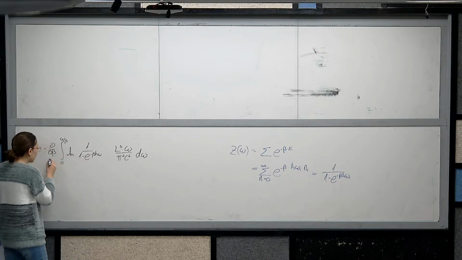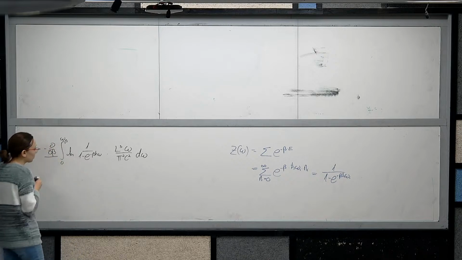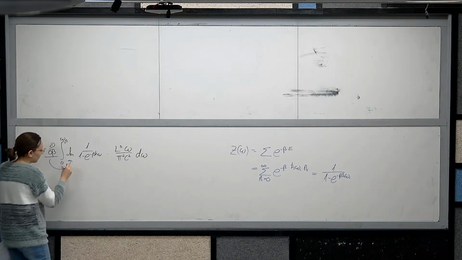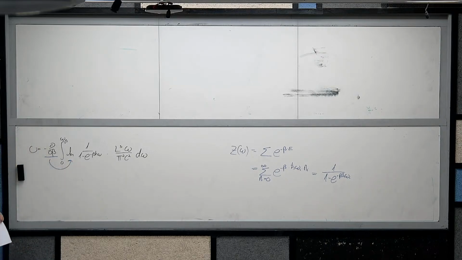So what we do is first we do the derivative: we insert the derivative under the integral, and first we do the derivative and then the integral.